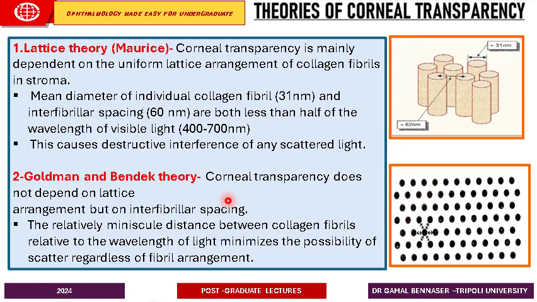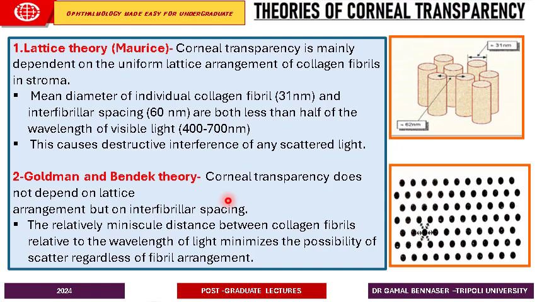As we have said before, the stroma is made up of lamellae, the lamellae are made up of bundles, the bundles are made up of fibers, and the fibers are made up of fibrils. So they relate the transparency of the cornea to the distance between these fibrils, not to the special architecture and arrangement of the collagen fibers, which is explained in the lattice theory. So these are the two main theories that explain corneal transparency.